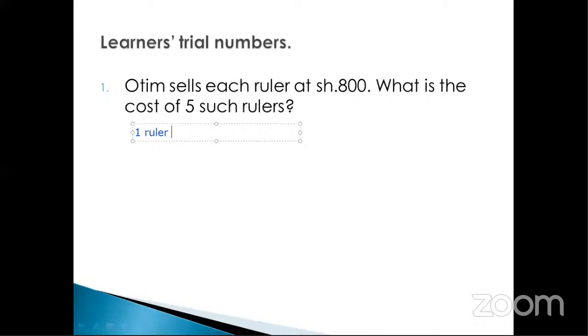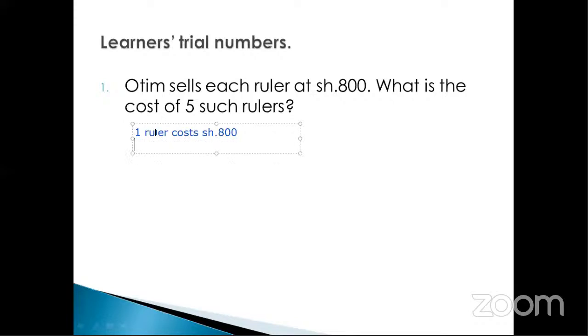But if you go to the shop, just go and multiply direct. But once you are showing the working, you find this question somewhere and they're asking you to find the cost of 5 rulers. You make sure you show your working by telling them that in the question, they are saying one ruler costs shilling 800.